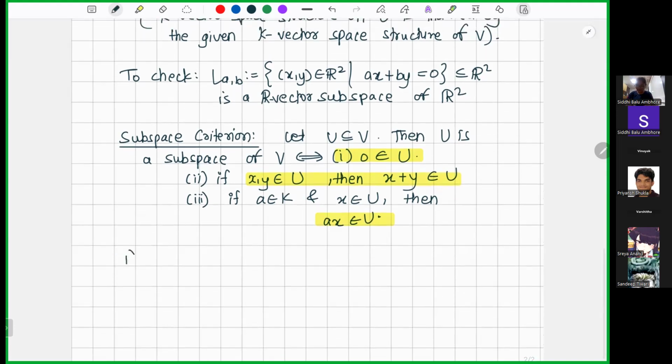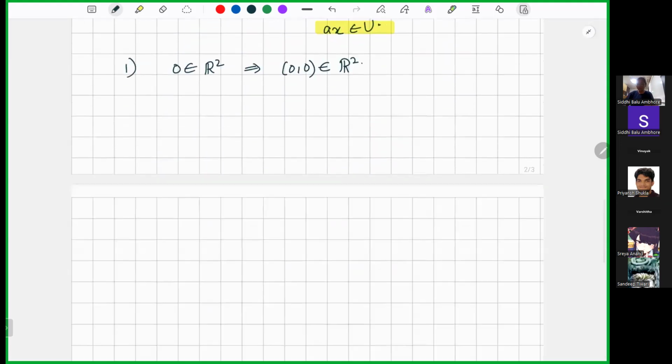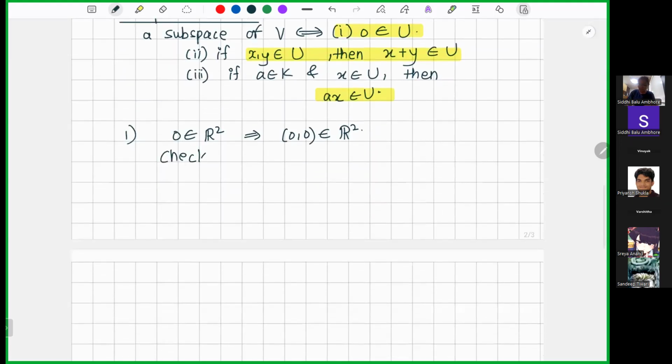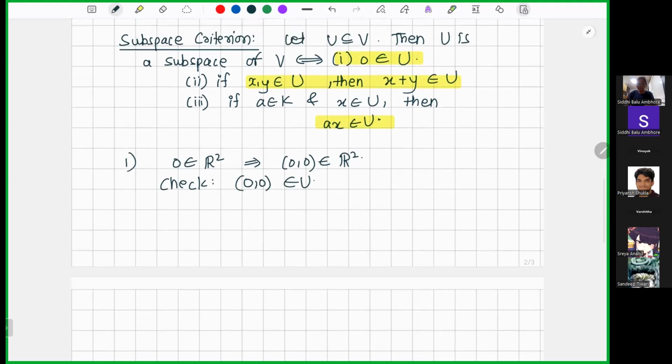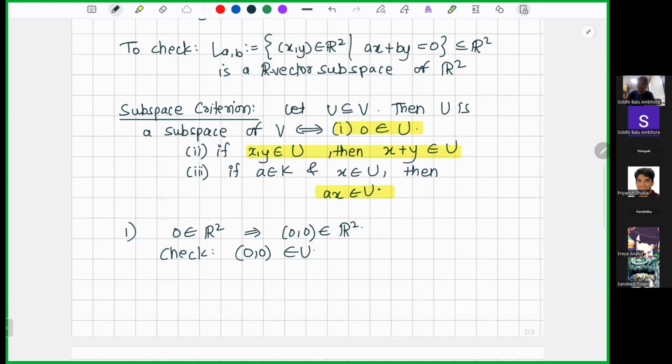So first we need to check whether 0, 0 belongs to the set or not. 0 in R2 is actually this point 0, 0 in R2. And we have to check whether this 0, 0 belongs to U or not. U is the line L_AB.